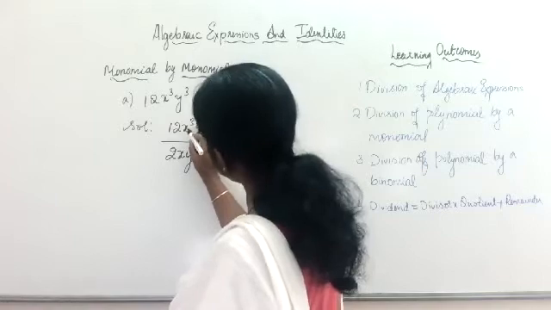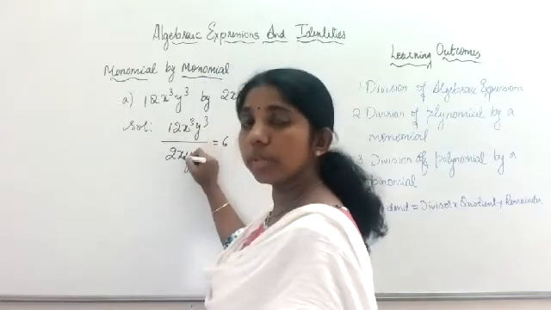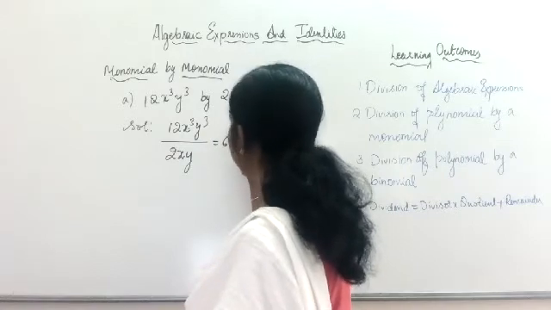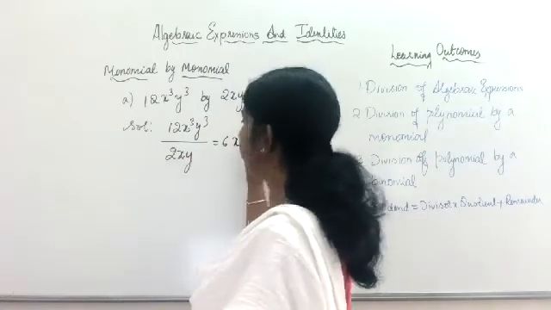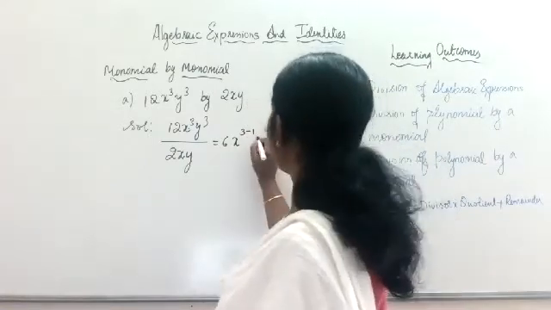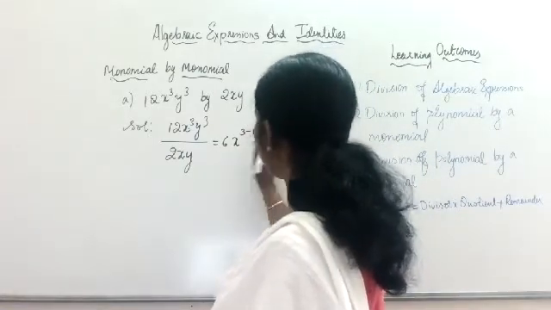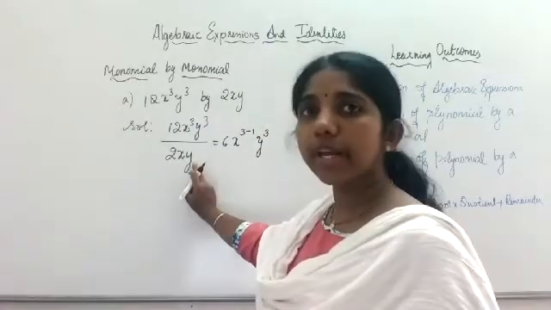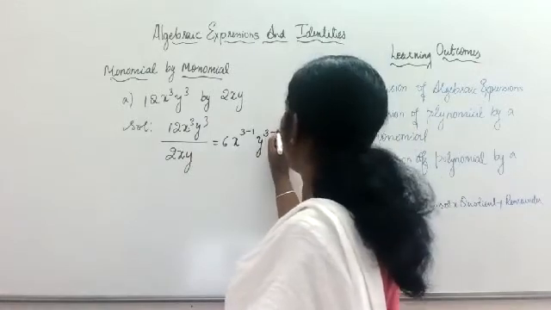Now in the numerator we have x cube, and in the denominator we have x. By the laws of exponents, x to the power 3 minus 1. Again, in the numerator we have y cube, and in the denominator we have y to the power 1, so again minus 1.